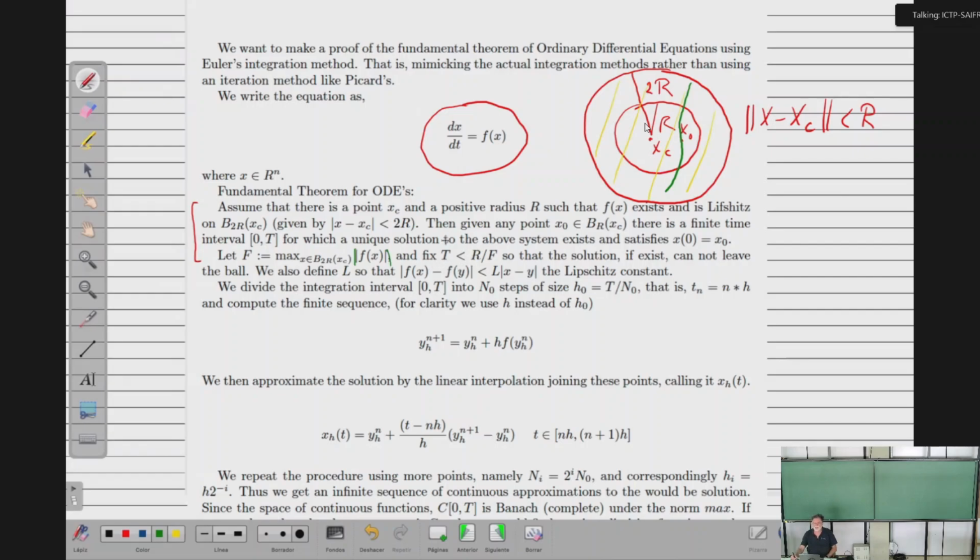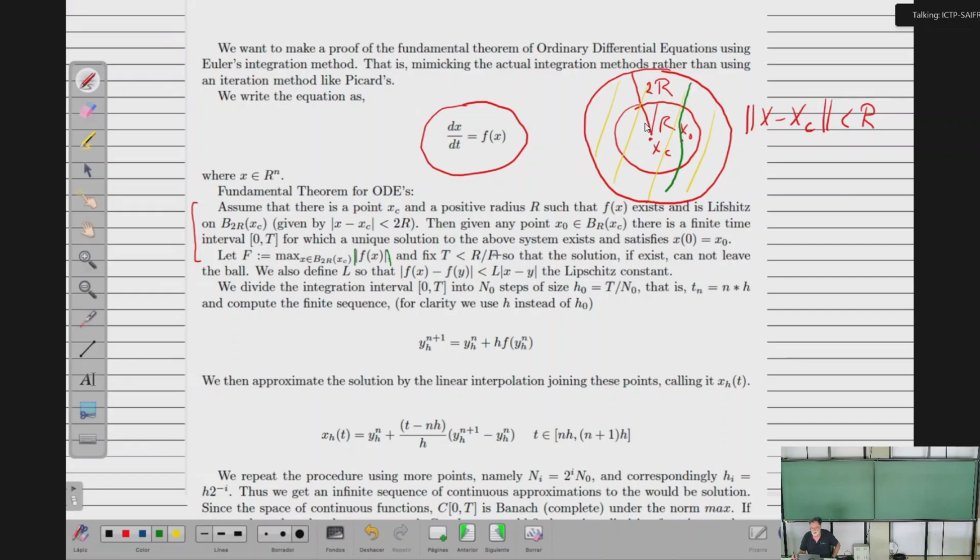And we fix a t, and the t we want to be smaller than r over f. What does this mean? f times t is the longest distance the solution can travel, because f is the biggest velocity and this is a time.